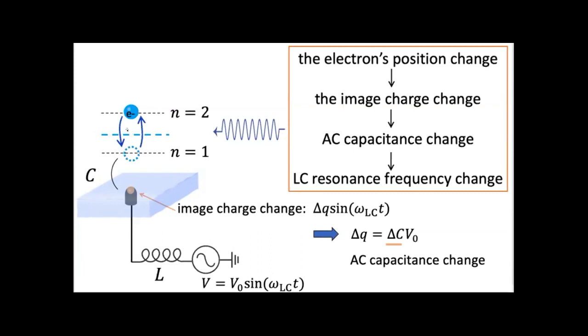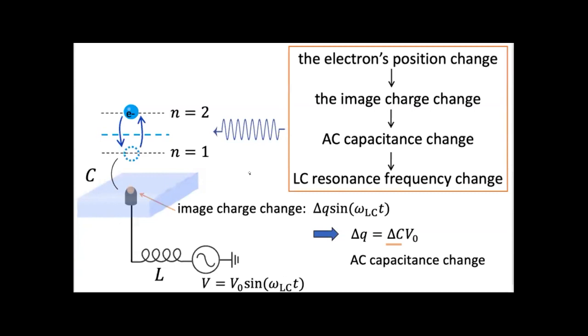Then the electron also feels an electric field change. Due to this electric field change, the resonance condition is changed because of the Stark shift. If the resonance condition is changed, the average position of the electron is changed. If the average position of the electron is changed, the amount of induced image charge on this cylindrical electrode is changed.